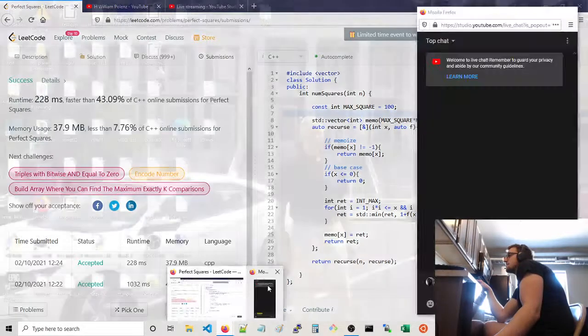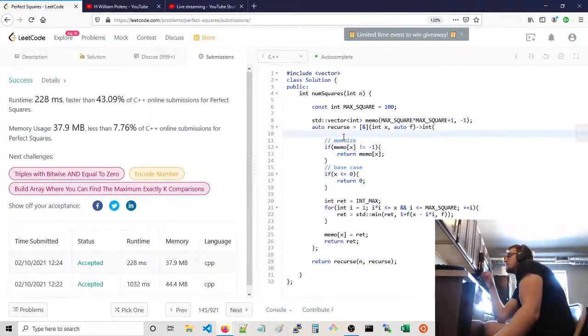I don't spend too much time on it, but I do think it's worthwhile to have multiple ways to solve a problem, to kind of know multiple ways. Could look at the discussion, but I don't really want to do that. I want to see if I could think something up here.